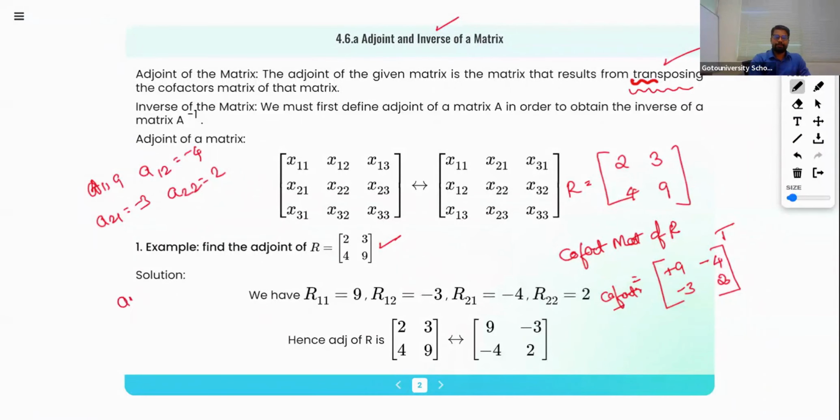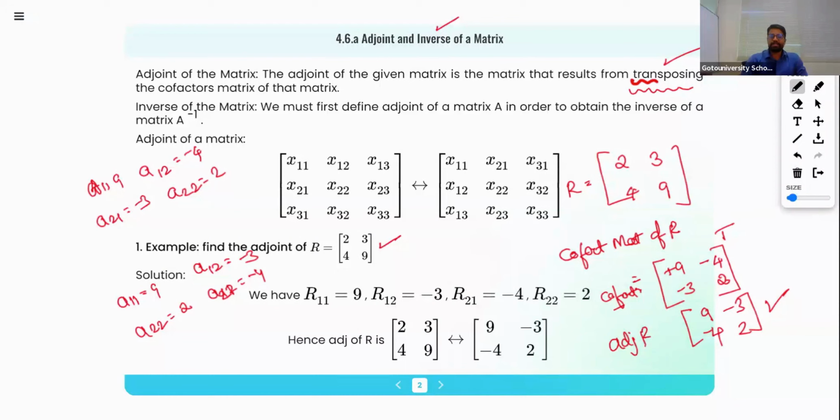So A11 remains 9 only, A22 remains 2 only, whereas A12 will be interchanged with A21, so it becomes minus 3, and A21 will become minus 4. That is its transpose, as simple as that. So there is 9 here, this will become minus 4, this will be minus 3, this will be 2. This is the adjoint of the given matrix.